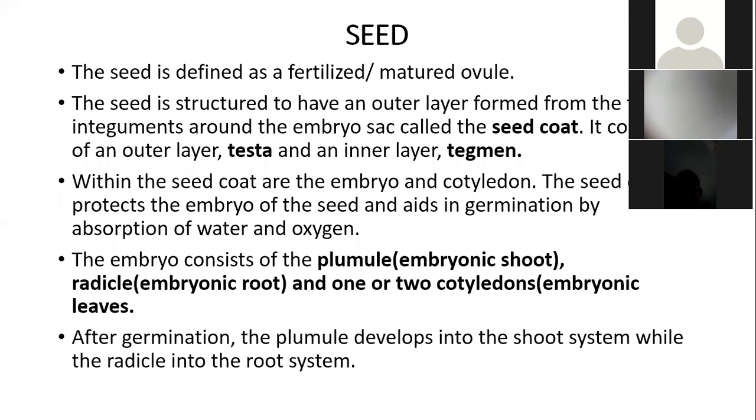What goes beneath the soil is what we call the root system. Now, the 1 or 2 cotyledons, as the name suggests, are embryonic leaves, so they tend to form the leaves of a plant. This is just to show you the structure of the seed.